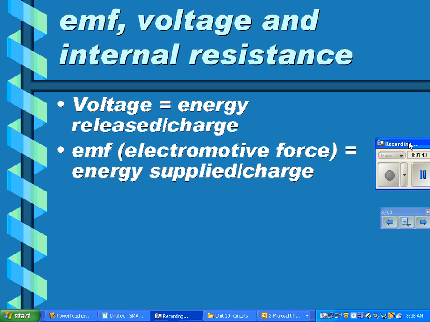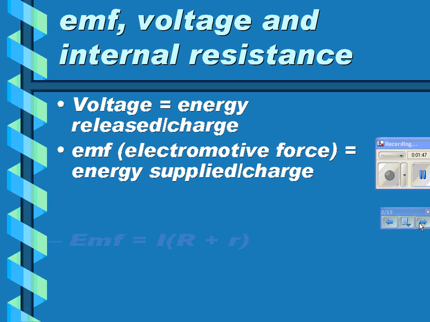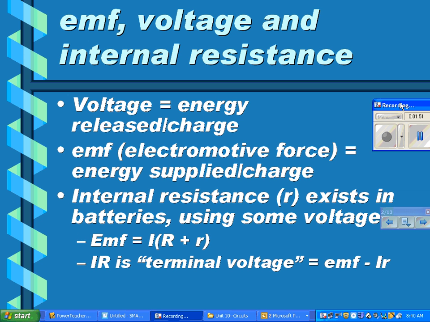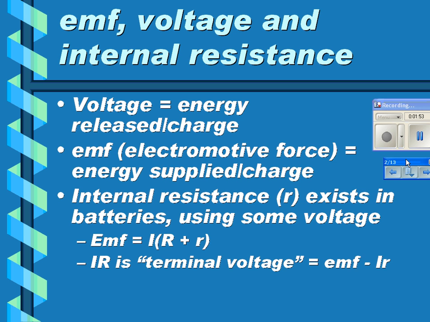The other concept that IB would like you to know is this concept of internal resistance. And here's the deal. You have a battery. The battery has a chemical composition inside of it that generates a certain amount of EMF. If it's a 9-volt battery, it's generating 9 volts of EMF. But you guys remember from the lab we did 2 days ago, you were using 9-volt batteries. How many of you actually got 9 volts in your circuit?